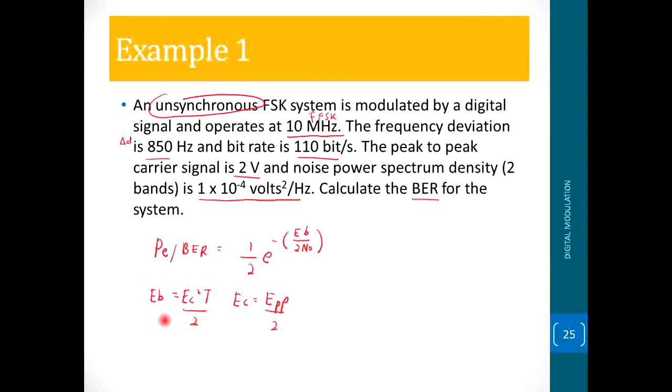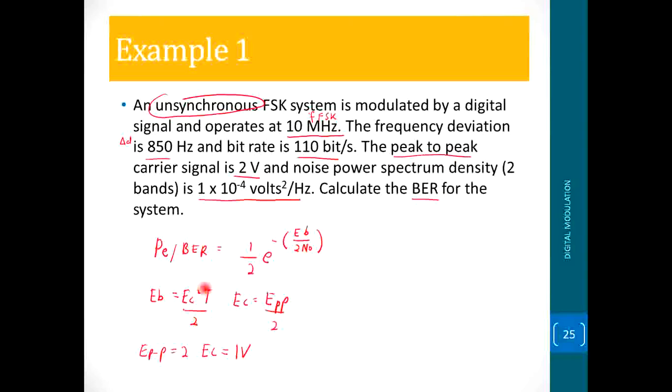Let's see what is given here. The peak to peak signal is 2 volts, so EPP equals 2, so EC equals 1 volt.